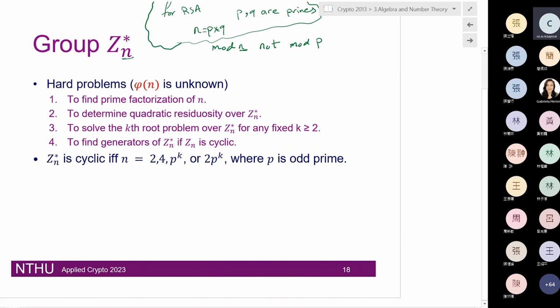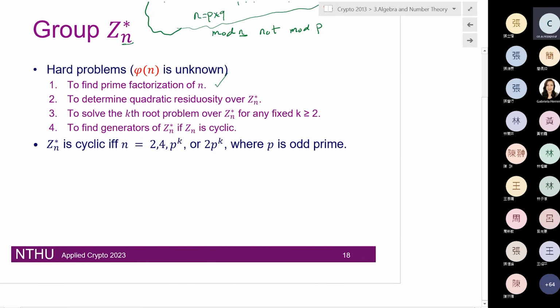As long as you don't know this, finding the factorization of N is hard: finding p and q such that p times q is N. If you know phi N, which we will discuss very soon, you can solve this problem, but that shouldn't be known. Determining whether some element A from Z star N is in the group of quadratic residues of N or not is also a hard problem.